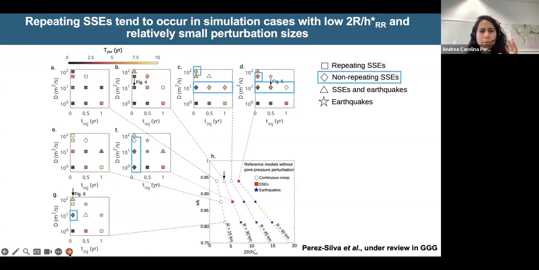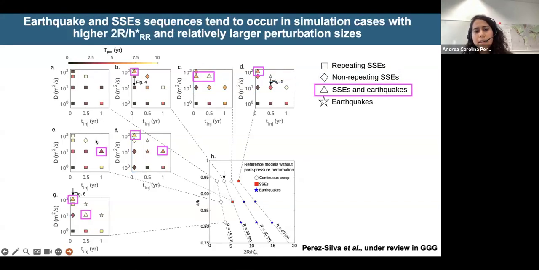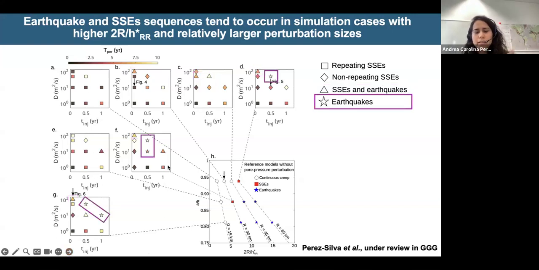Non-repeating SSEs are more complex SSEs in that they could have different properties, different duration, different maximum slip rate, and the pattern of SSE occurrence is not as regular. SSEs and earthquakes are both earthquake and SSE sequences. In some cases, the perturbations are so high that the fault behaves very unstably and it generates earthquakes.